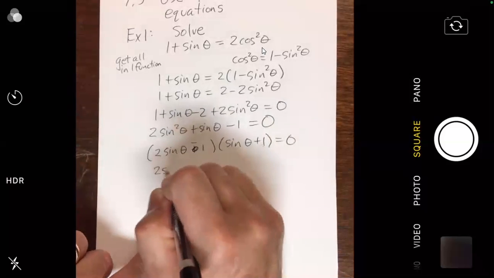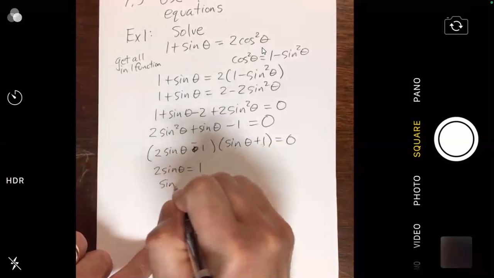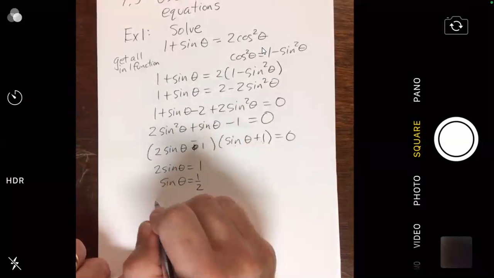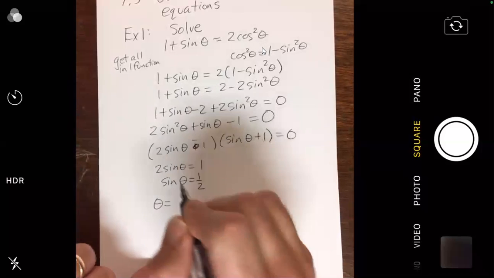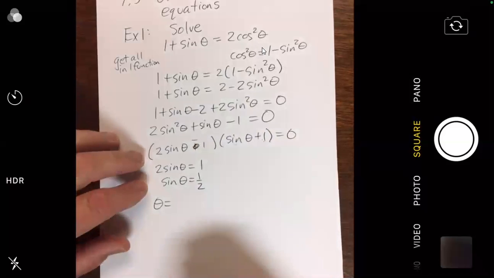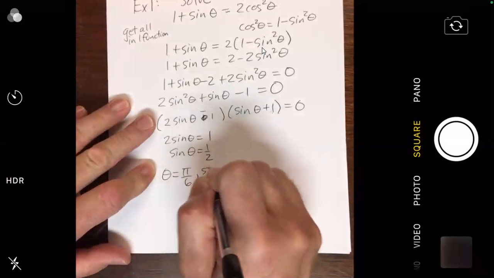So 2 sine theta will equal 1. Sine theta is 1/2. I don't know if you can do these off the circle now, just to speed things up. Sine theta 1/2, you're going to be at pi over 6 and 5 pi over 6.